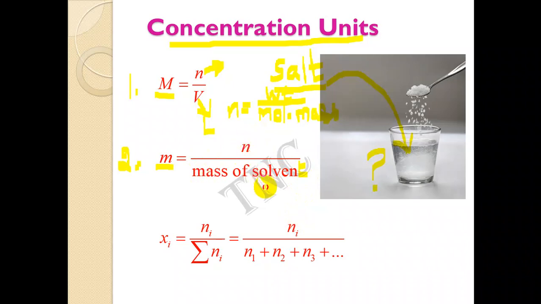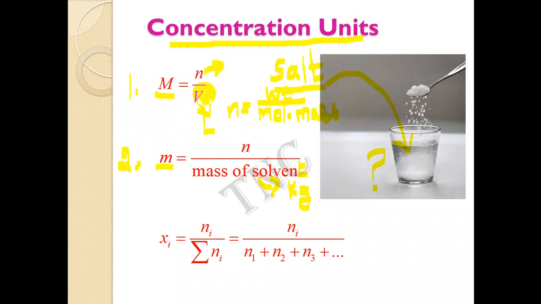The mass of solvent should be substituted in kilograms. So molality is the number of moles of solute present in 1 kg of solvent. These two terms we have to handle carefully, because they have a very minute difference.